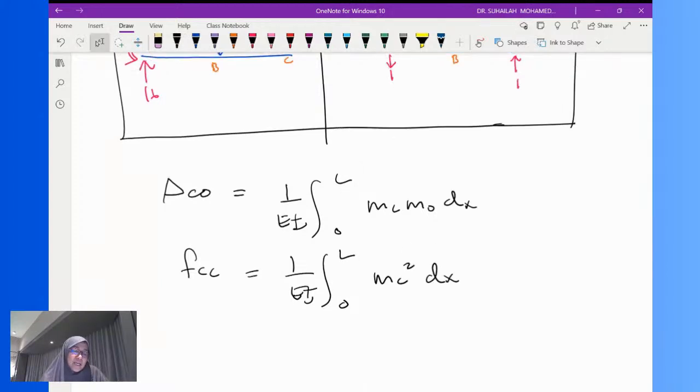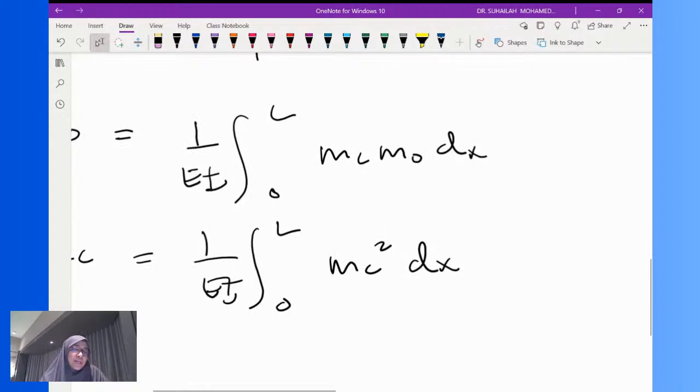Okay, now our task is we have to have the two moment equations. And as I mentioned, all the naught symbols belong to the primary system. So inside this, we can see that there are two moment equations. One is MC, one is M naught.